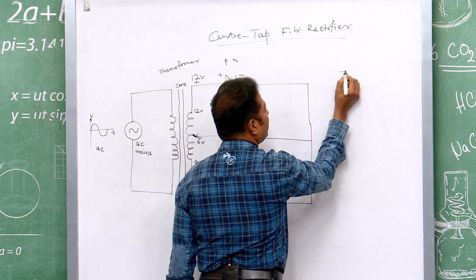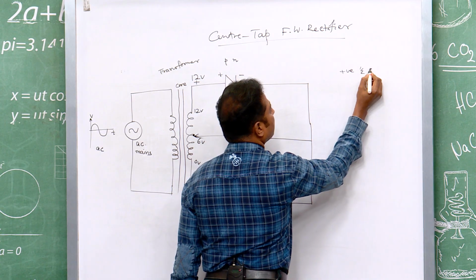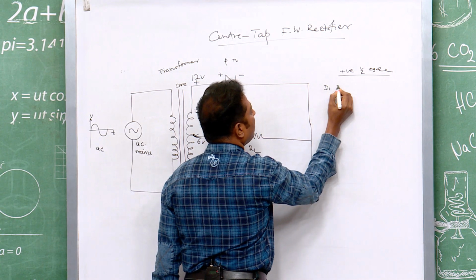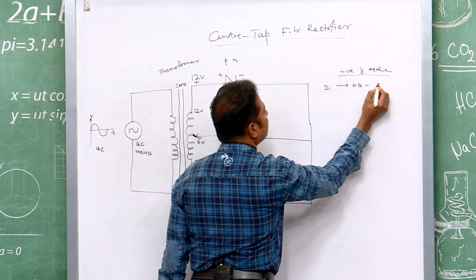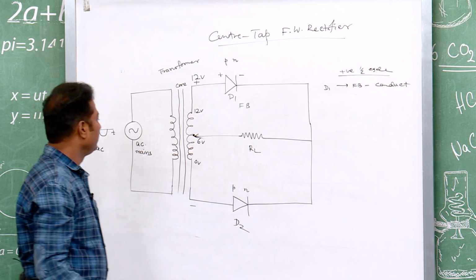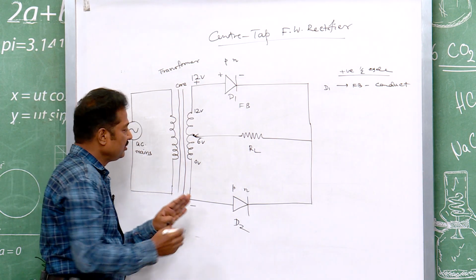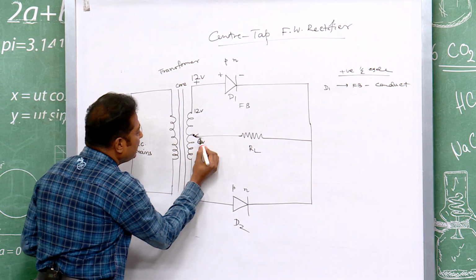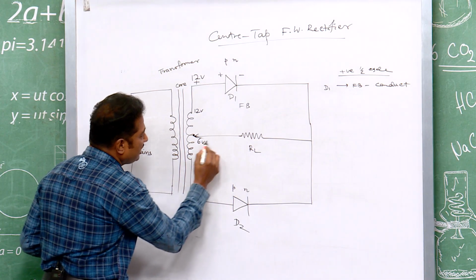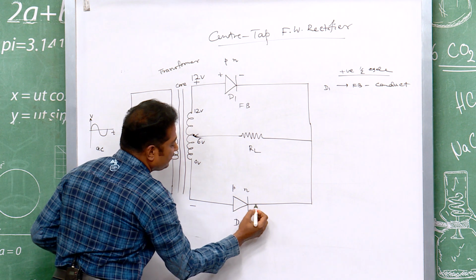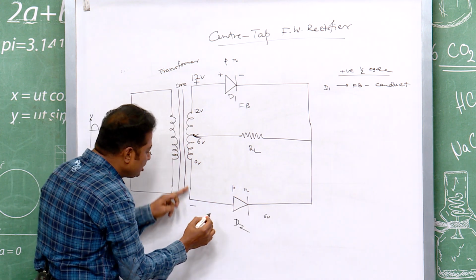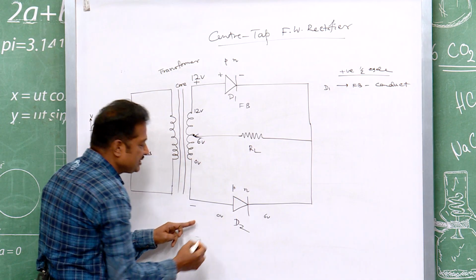So, for the positive half cycle, D1 is forward biased, so it conducts. Now, come to D2. What happens to D2? It is 6 volt. So, the 6 volt is connected to the N side and 0 volt is connected to the P side.